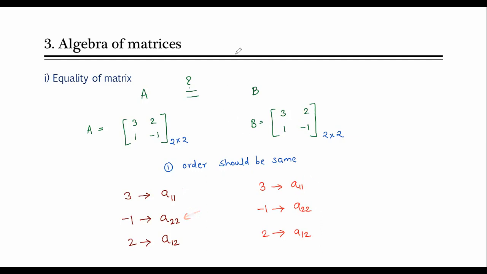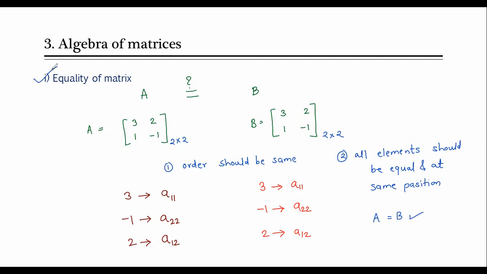So that is the second condition. What is the second condition? All the elements should be equal and at the same position. If these two conditions are satisfied, then we can say matrix A is equal to matrix B. Okay, with this, I hope equality of matrix is clear to everyone.